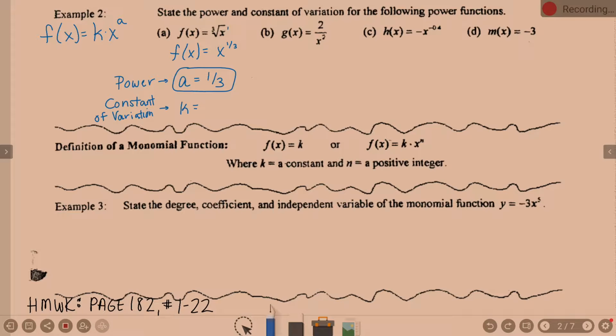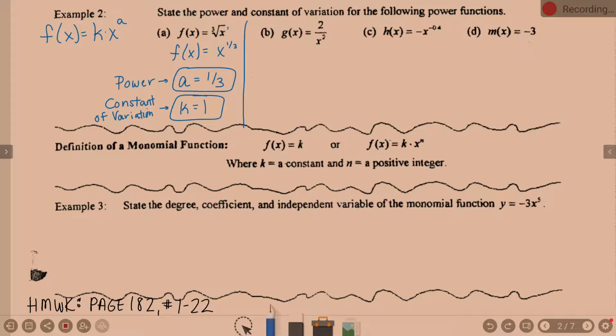What is K in this problem? Invisible 1? It's not shown out there, but we know that if there's no other number out there, there is an invisible 1 out there. Okay. B.